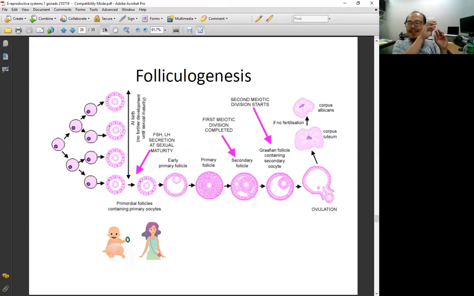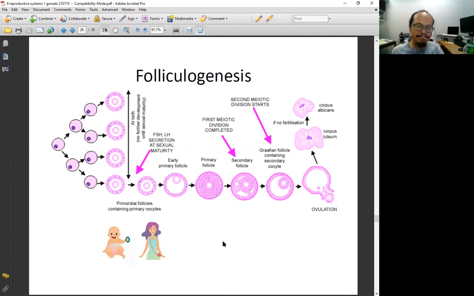It's only young, immature, but each of these primary oocytes is surrounded by these follicle cells, and just sits there waiting for puberty. When puberty comes and the FSH is high enough, it will stimulate these follicles to develop, and then you have ovulation as well as the menstrual cycle.